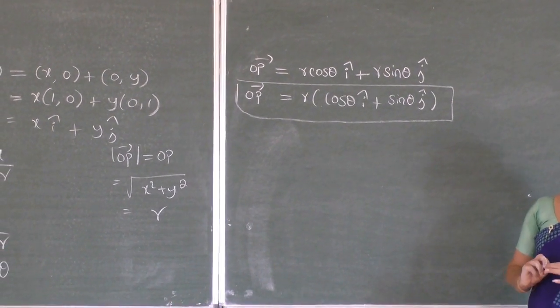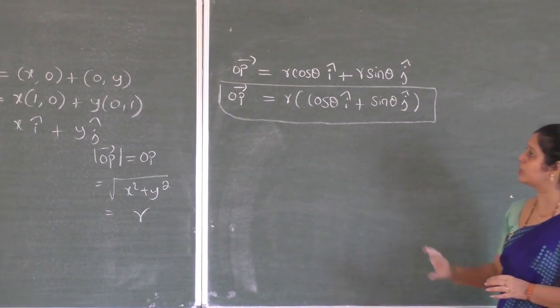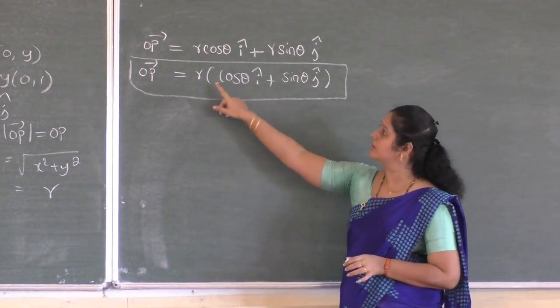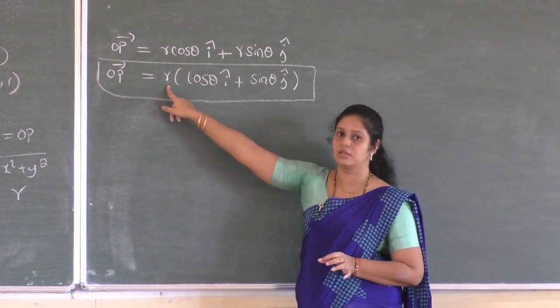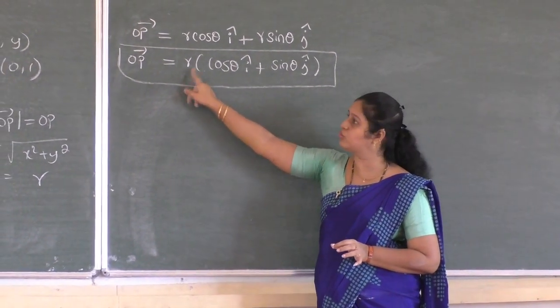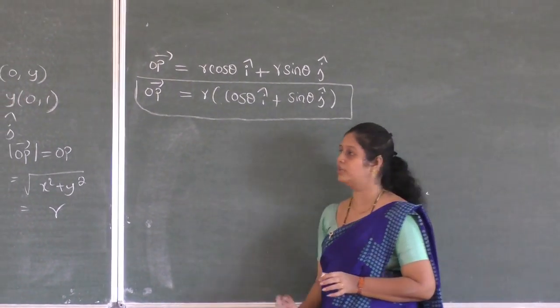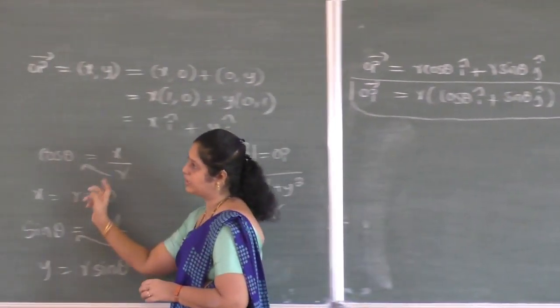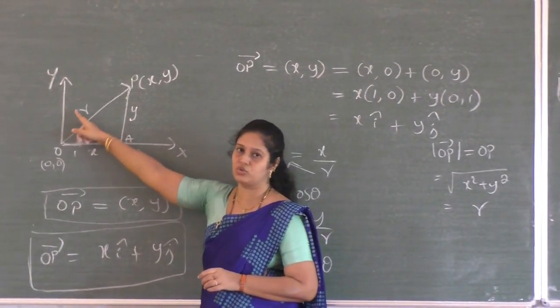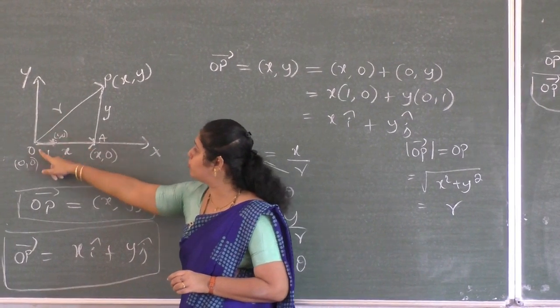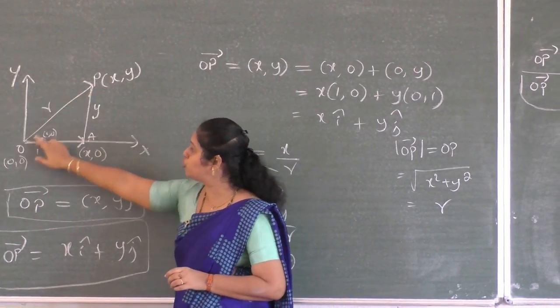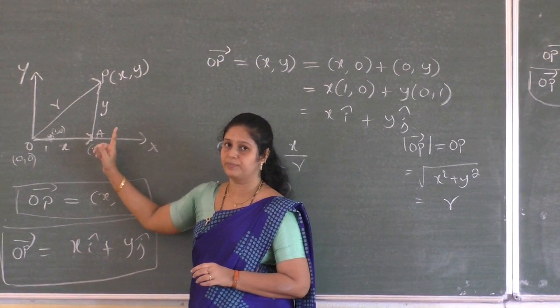Now what is a 2D unit vector? A 2D unit vector is when r becomes 1. Here r means the hypotenuse side. R is equal to 1 means the magnitude of vector OP is equal to 1.